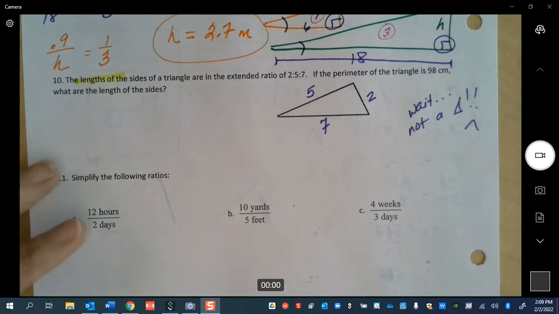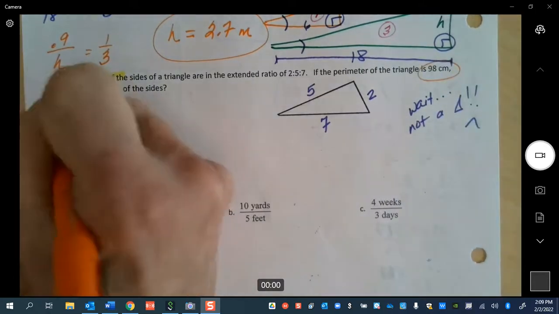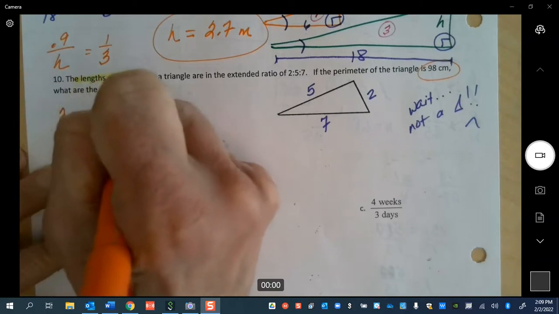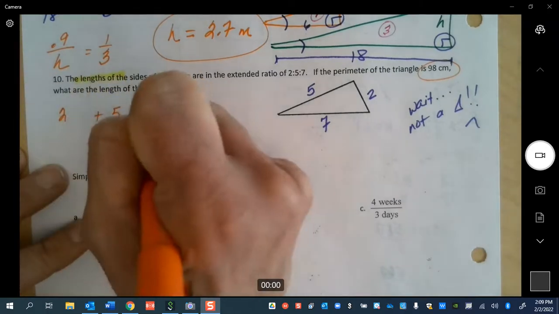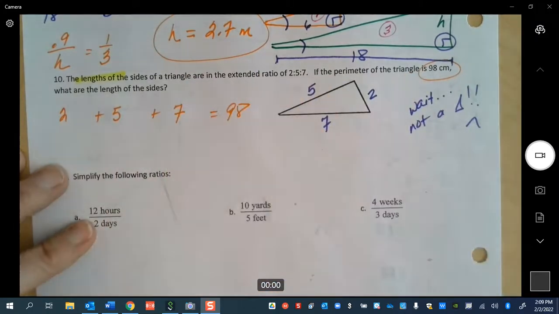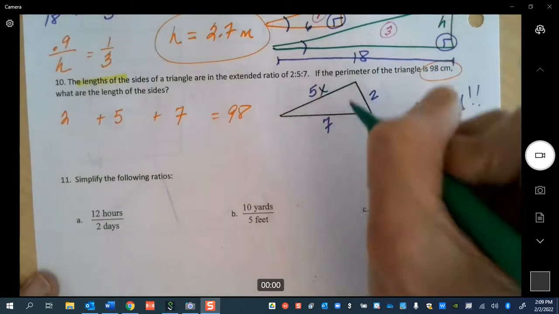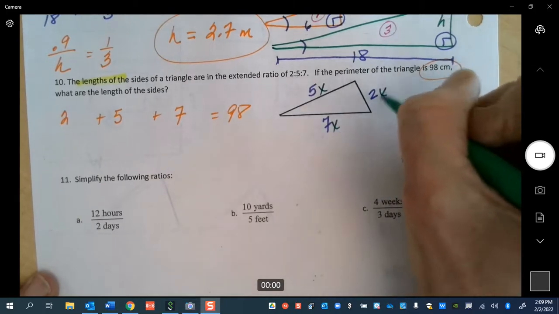All right, if I know my perimeter is 98 centimeters. So 2 plus 5 plus 7 in no world is 98. So that means those ratios had to have been simplified by some factor.